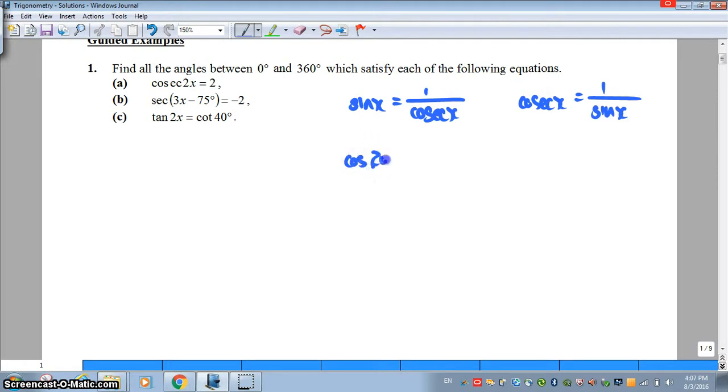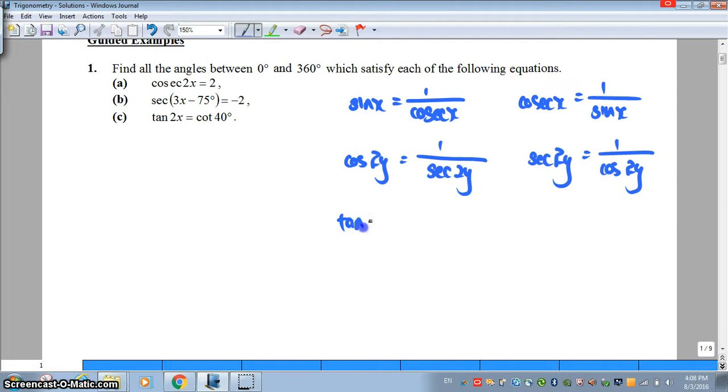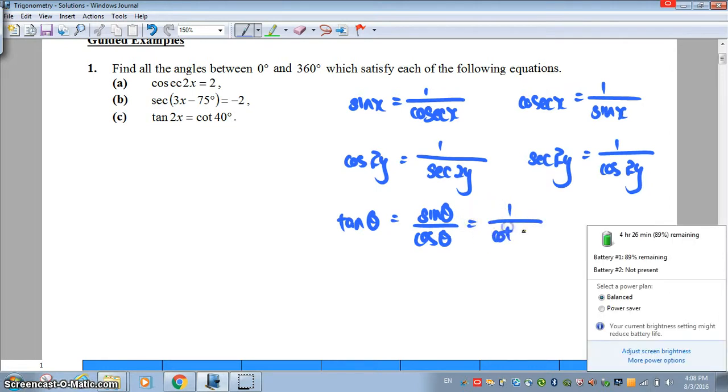Cosine 2y is equal to 1 over secant 2y. Similarly, secant 2y is the same as 1 over cosine 2y. Last but not least, tangent theta is the same as sine theta over cosine theta, which is also equal to 1 over cotangent theta.